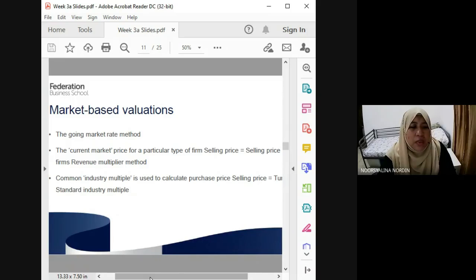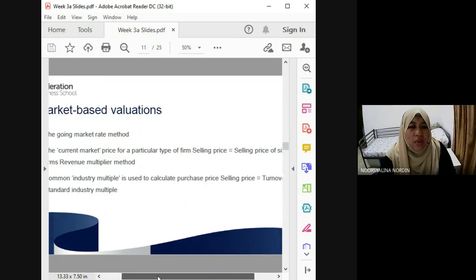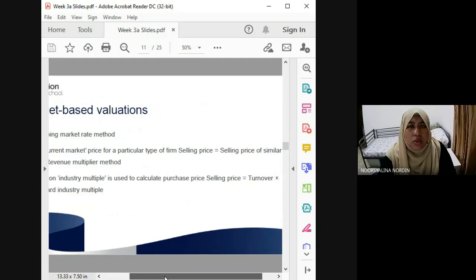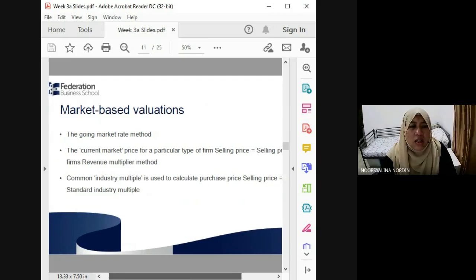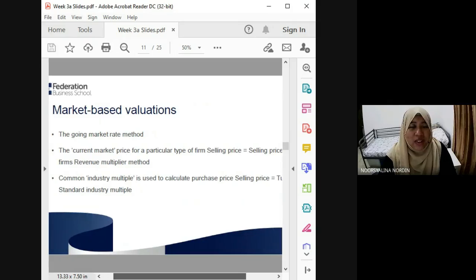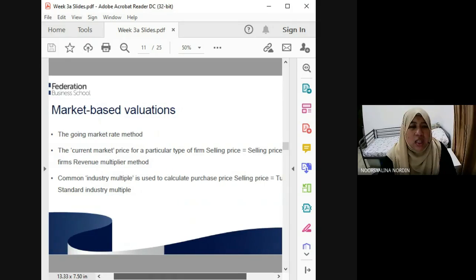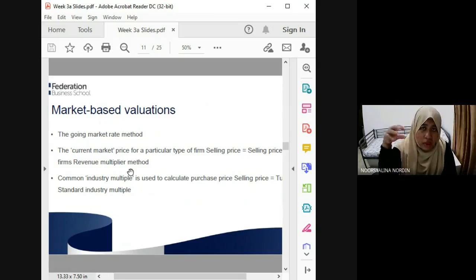The current market price for a particular type of firm equals the selling price of the similar firm's revenue multiplier method. So this is quite like a formula, and the current market price means the price being offered at that time.